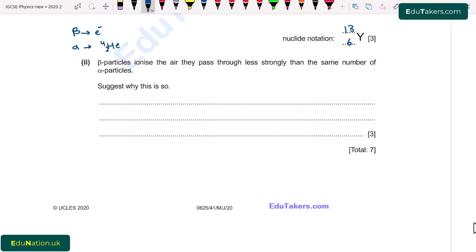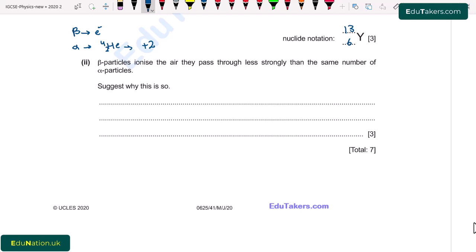So it is of larger size and it has charge. It has protons too. So the alpha particle is able to ionize more strongly as compared to beta, and also this gives the beta particle a small mass. Due to which beta particles also have less energy, and being light, they travel faster, so there is less time spent near the air molecules.